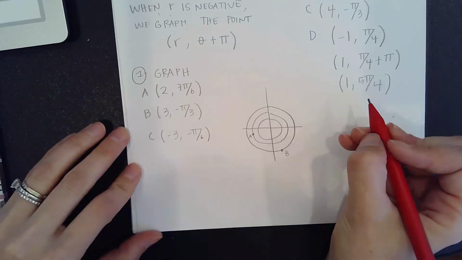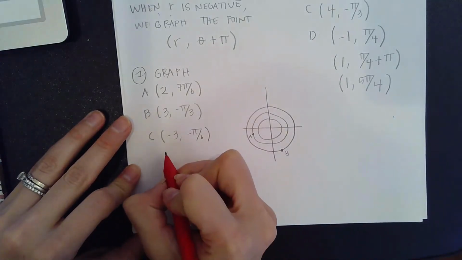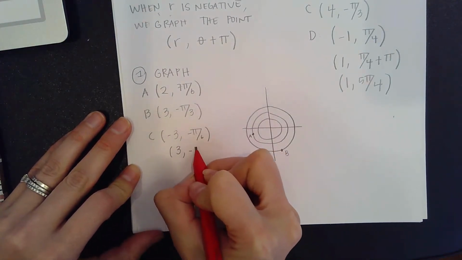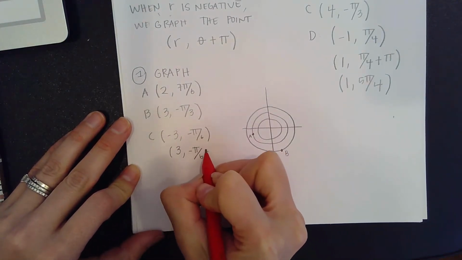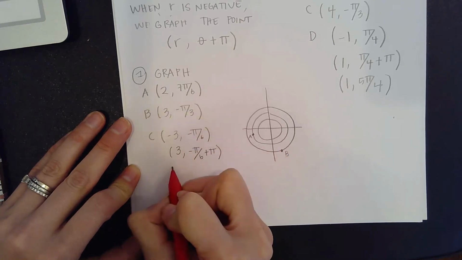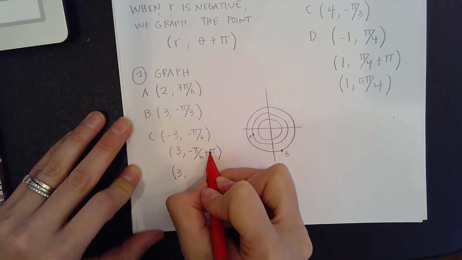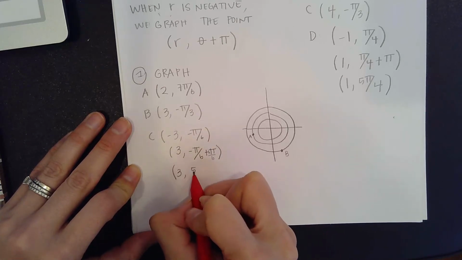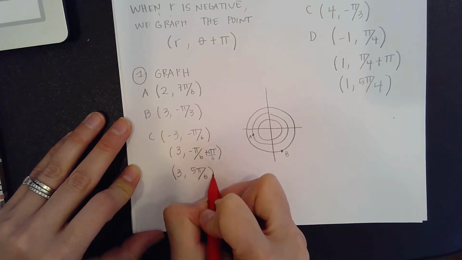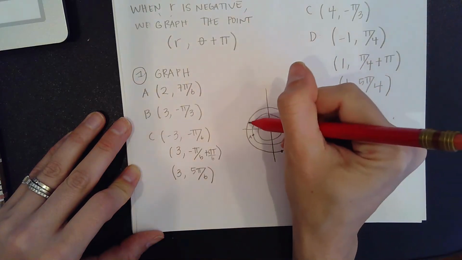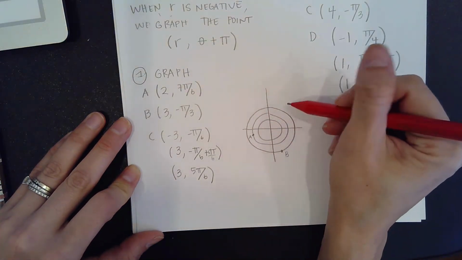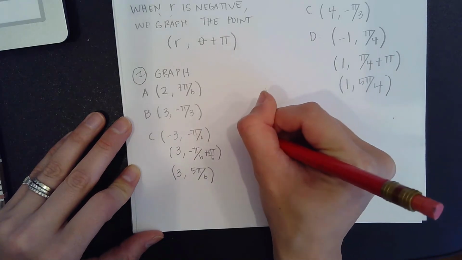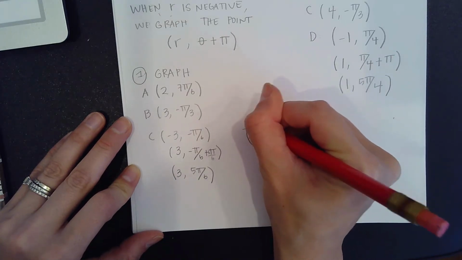Now C: we change this into a positive 3, and then we say negative pi over 6 plus pi. So we're going to have 3, and that's 5 pi over 6. I'm going to use the outer ring, so 3, and 6 pi over 6 is right here, so 5 pi over 6 is about right there.